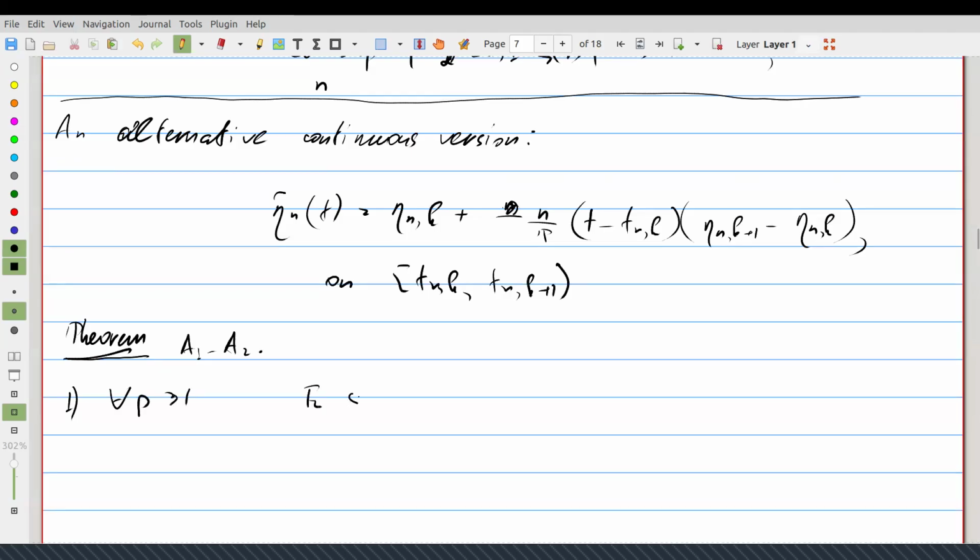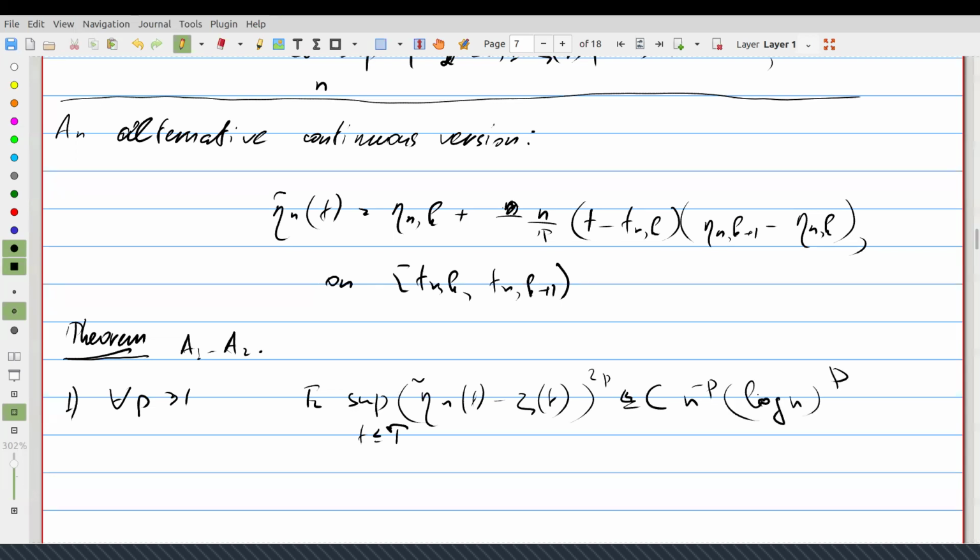Now, the mathematical interpretation of this supremum, to the power p, is slightly worse. We have this additional logarithm to the power p.